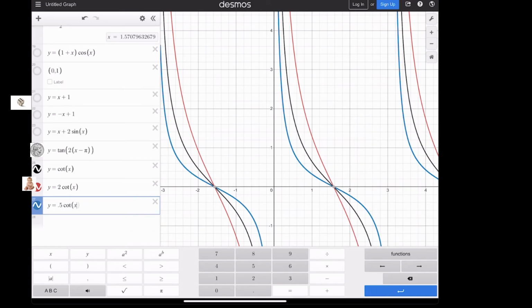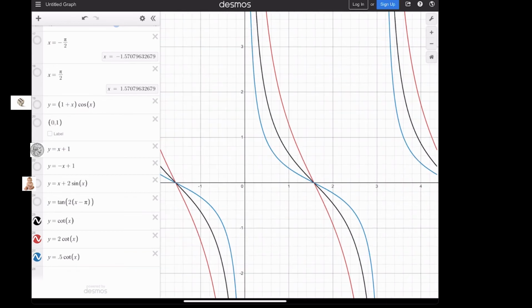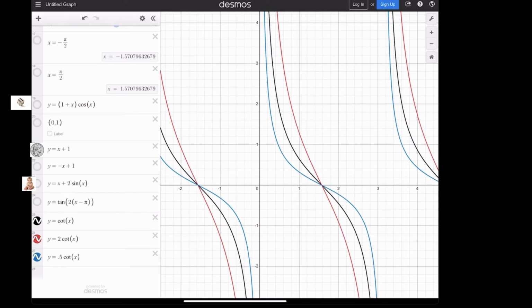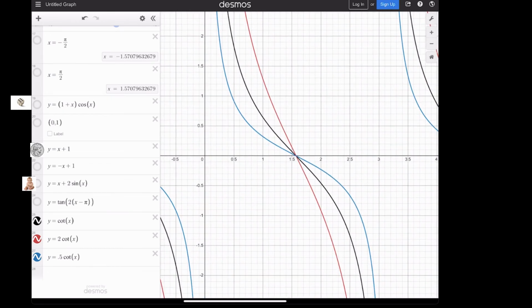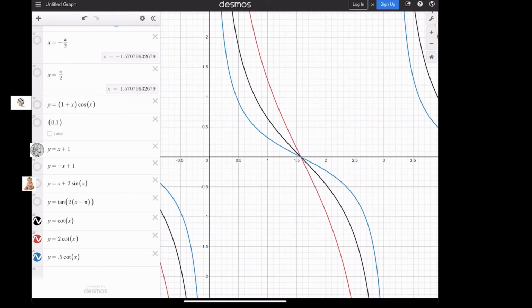Cotangent, as you start to see, if I restrict our domain here, and I won't do that, but if I just look at the first 0 to pi over 2, I believe, or 0 to, what is that cycle? 0 to pi, I guess. You guys can see the effect of the coefficient. It's still the same kind of curve, right? Same curve, but that coefficient makes it skinnier or wider type of thing. That's all.